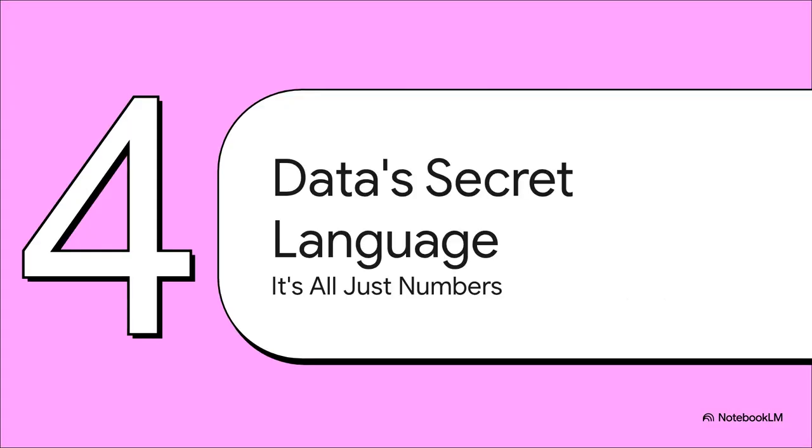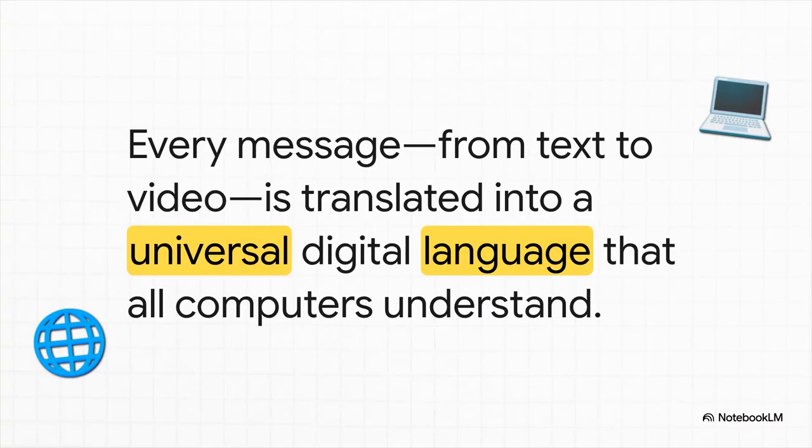So we've covered the what, the who, and the how of the conversation. But what language are these devices actually speaking to each other? This is where we get to the real secret, the fundamental core of all digital information. Just take a second to let this sink in. No matter how complex a message seems, whether it's a 4K movie, a beautiful symphony, or just a simple lol text, every single piece of that has to be translated.